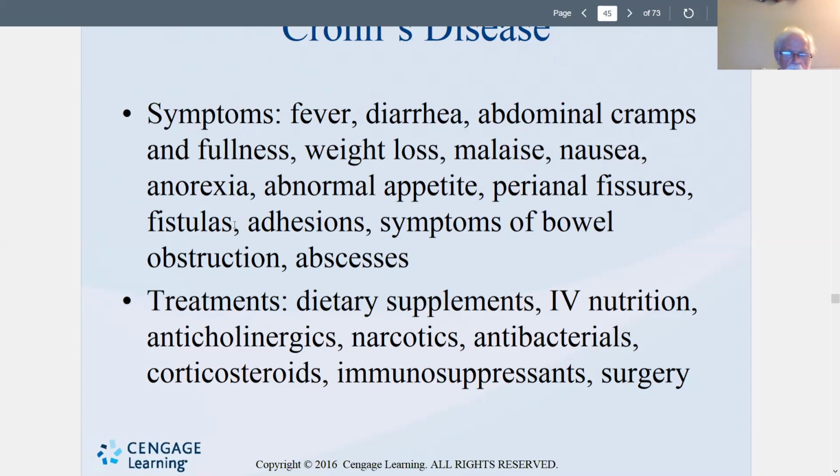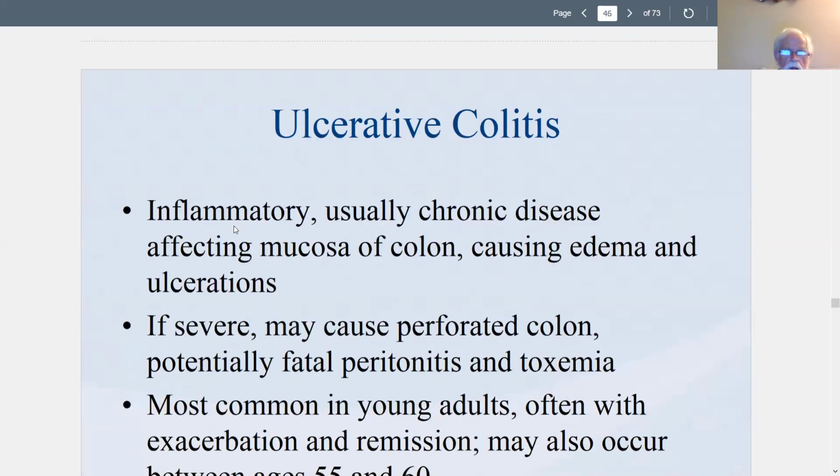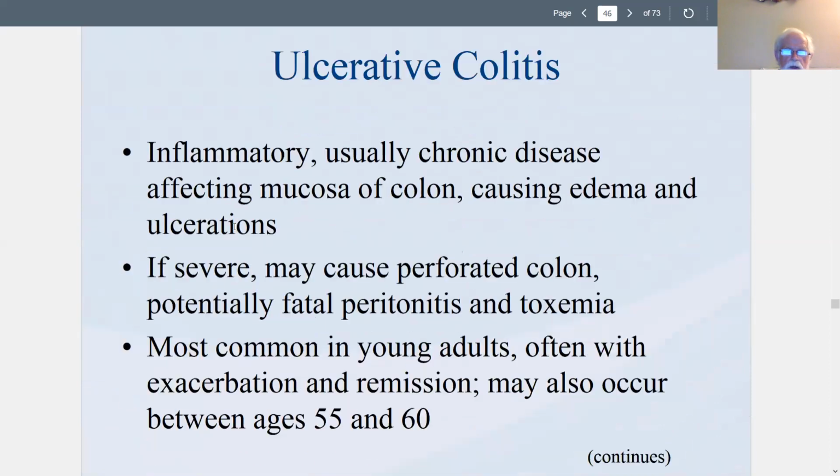Steroids are used, and IV nutrition in order to keep food out of the area and causing further inflammation.